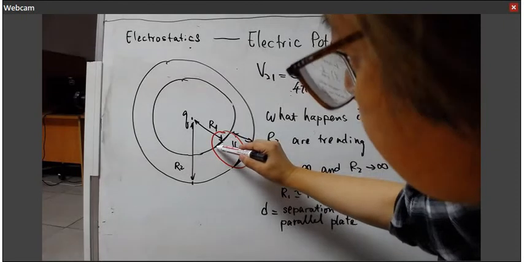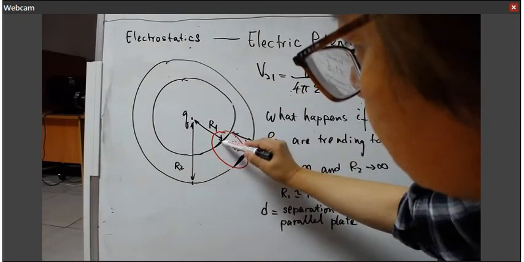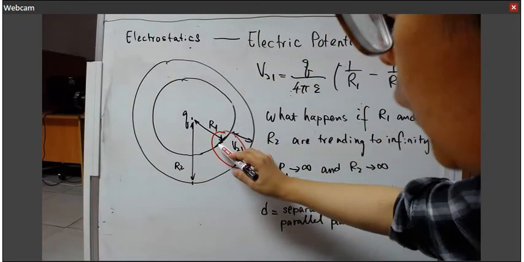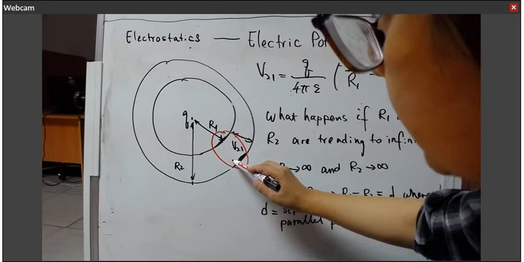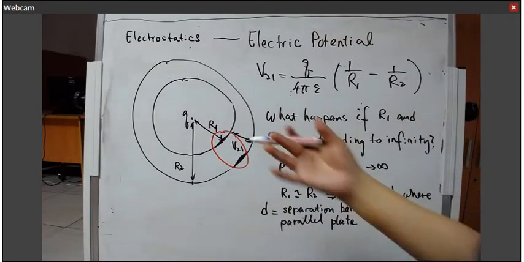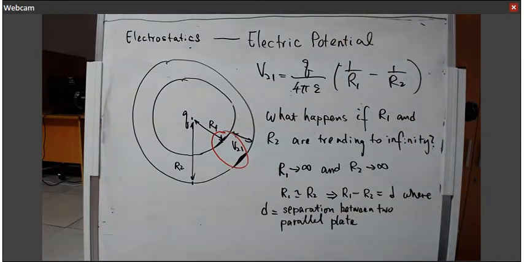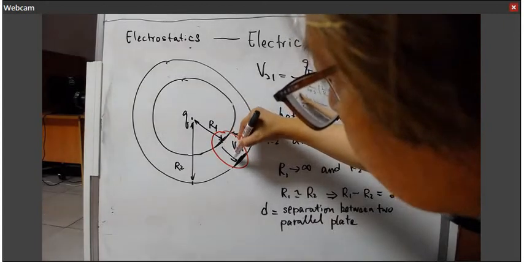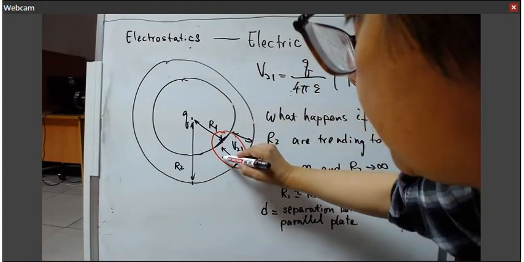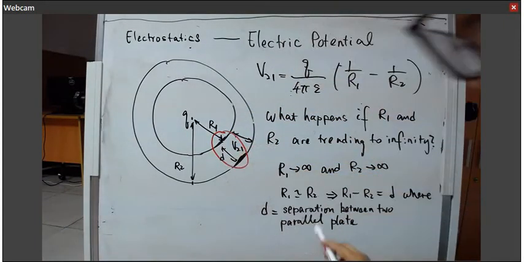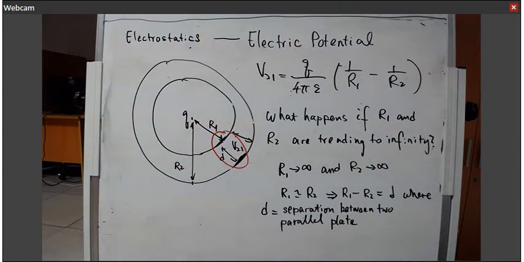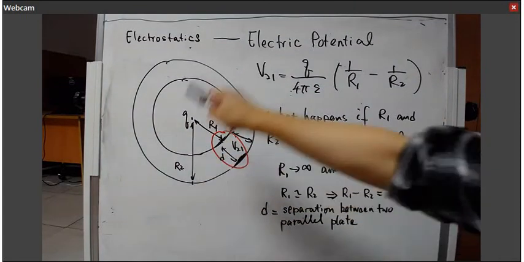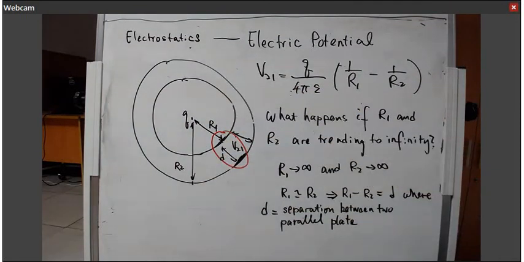In this case, you may assume these two shells, outermost and innermost, are just two parallel plates, and the distance between these two shells is d, which in fact is the separation between these two spheres. Or equally, we can also argue that this is the separation between two parallel plates.